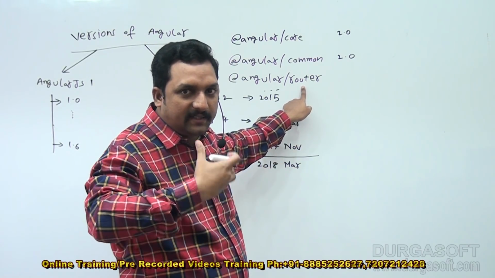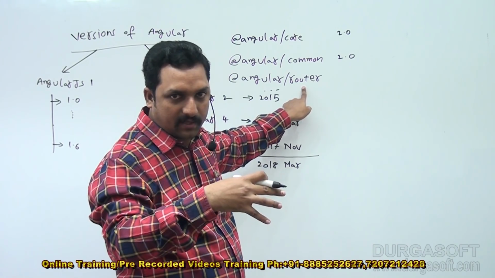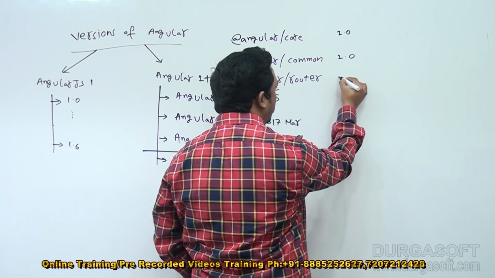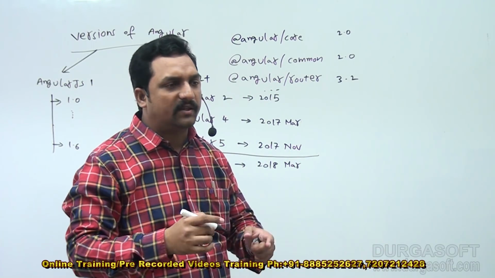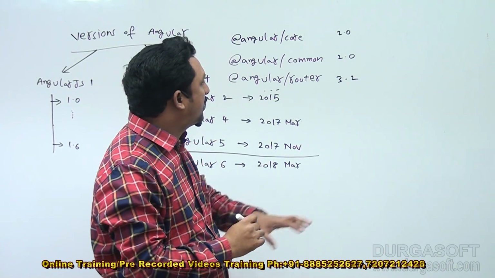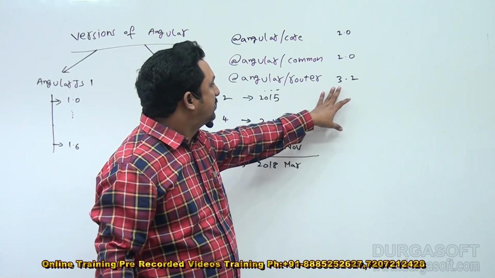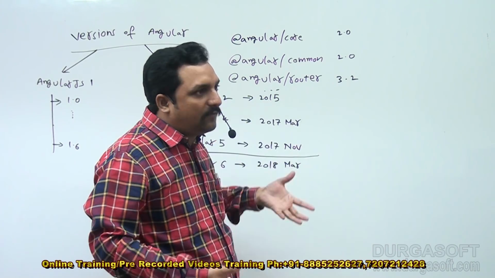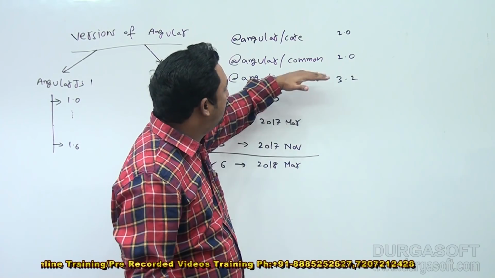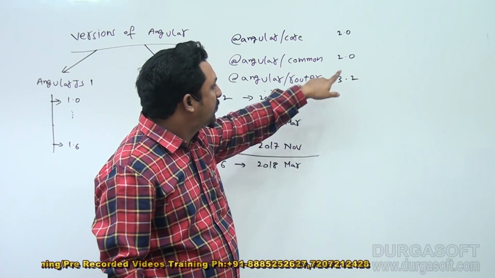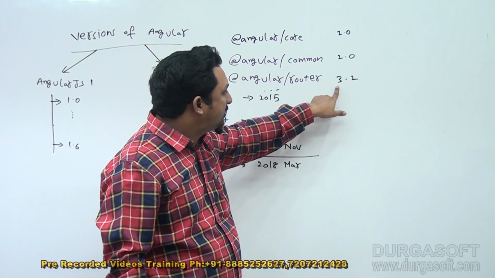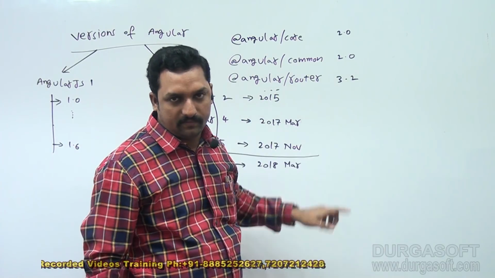To reflect the integration of so many advanced features, the router reached up to 3.2 or 3.3, whatever. So maybe 3 plus. Only this package became advanced, whereas all the remaining packages, including core, common, forms, and any others, were only 2.0, while this package is 3.2 or 3.3.